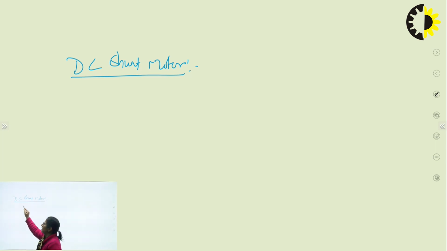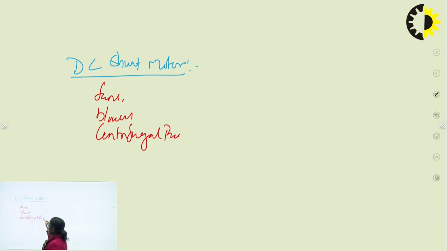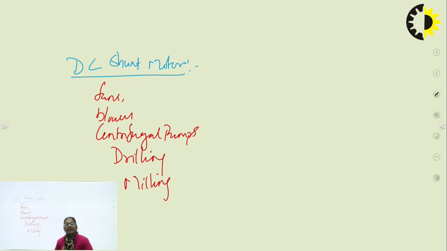So it can be fans, blowers, centrifugal pumps, drilling and milling machines. Drilling and milling require almost constant speed, with a slight variation in the speed, right? Lathe machines, right? So those would be giving us the applications for DC shunt.